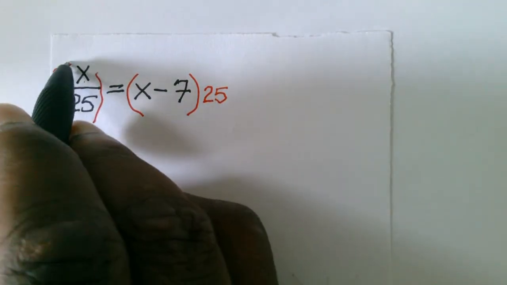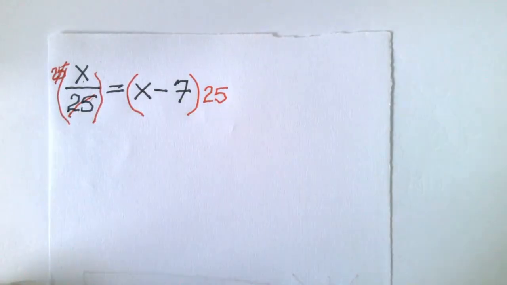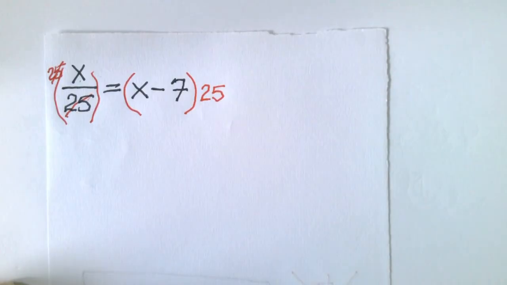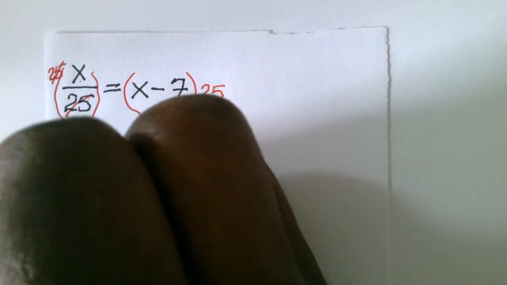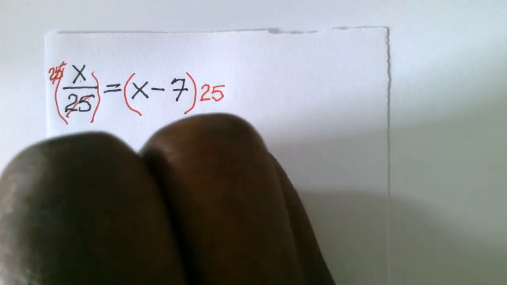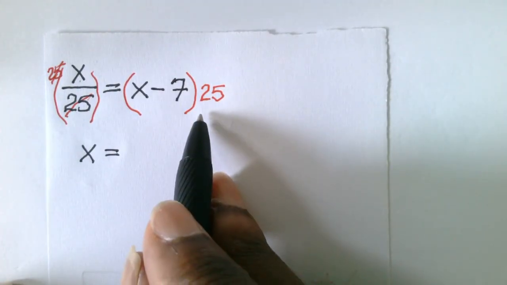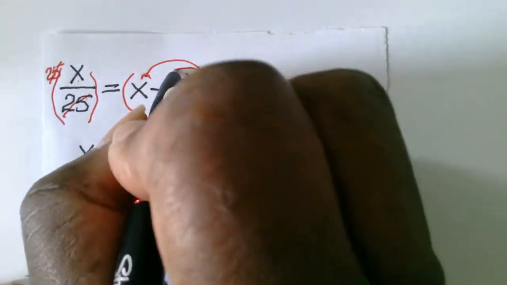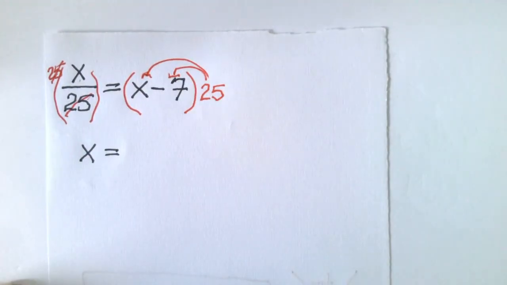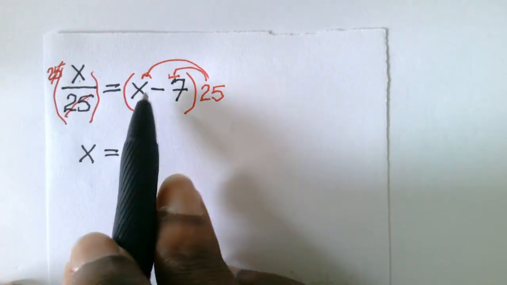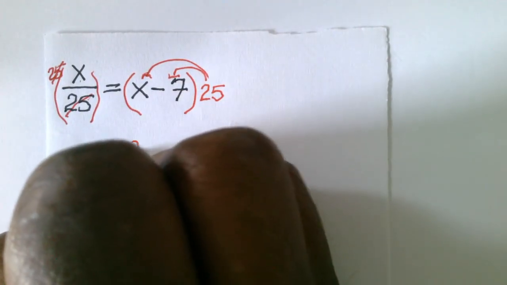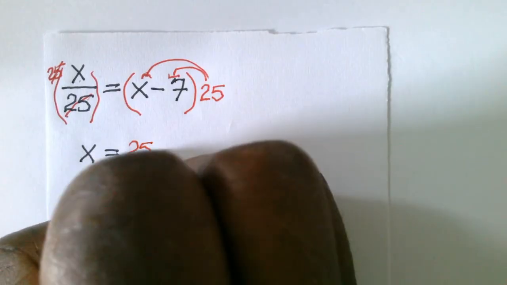Reason why, 25 divided by 25 gives me 1. So we have 1x, or just x, to come down. But over on the right-hand side, we have to distribute. So 25 times x gives us our 25x.